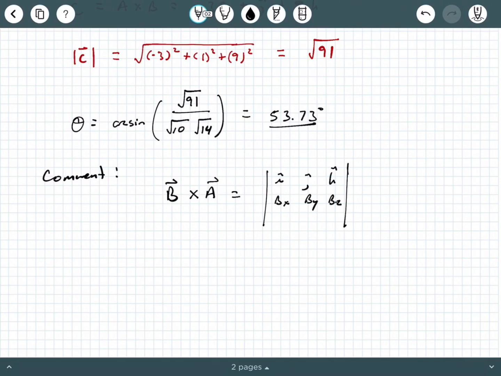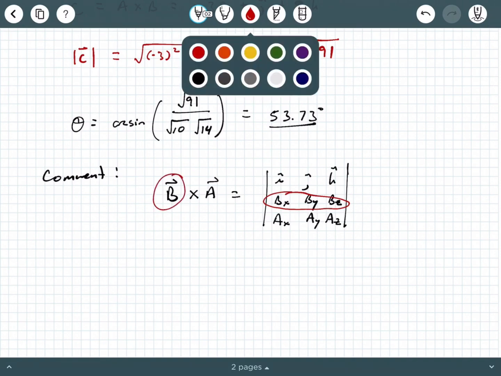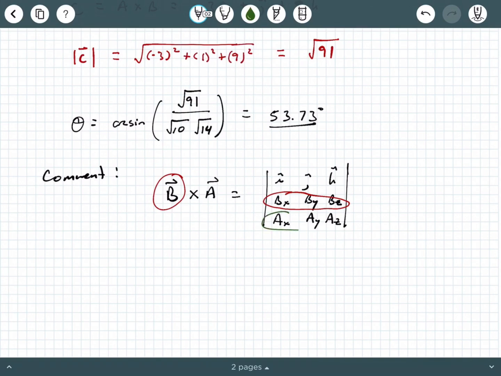So in a situation like this, it would be Bx, By, Bz, and then you'd have Ax, Ay, Az here. So keep that in mind. The second row of this determinant comes from the coefficients of the left vector, and the bottom row comes from the coefficients of the right vector. Order matters.